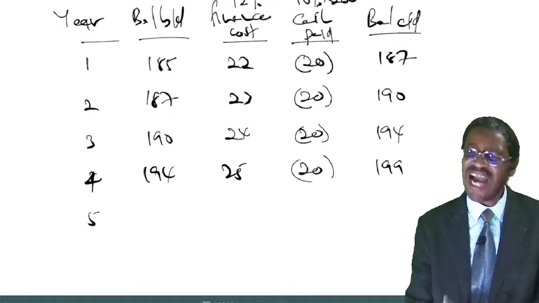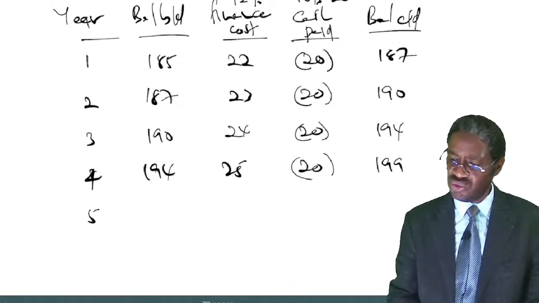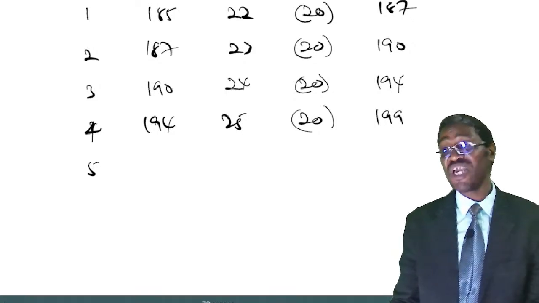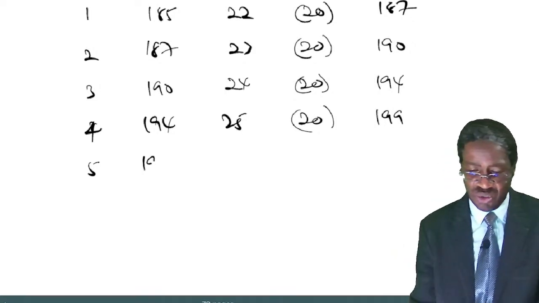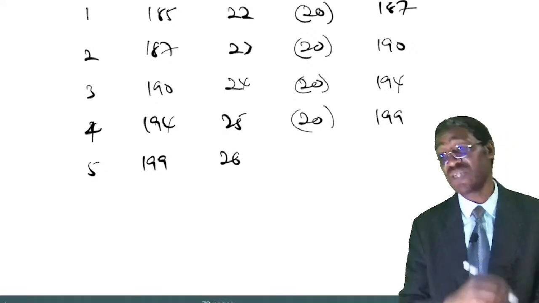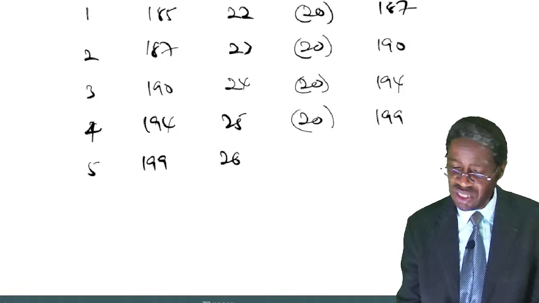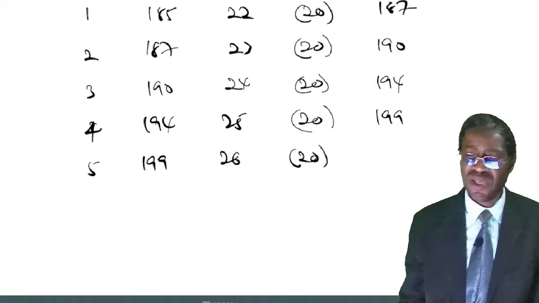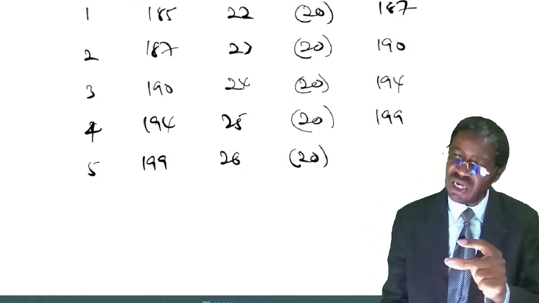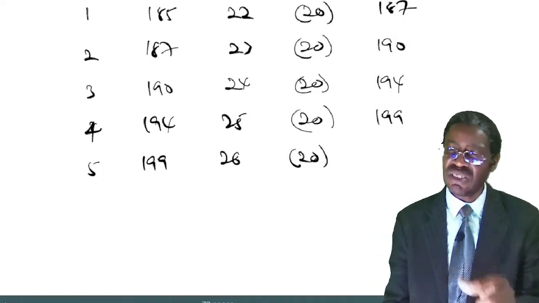Then I want to assume that the bond will mature after 5 years. So we are in the year of redemption now. So you say 199 at 12%, let me assume 26. That year you still pay 20. And it is the same year you are redeeming this bond.